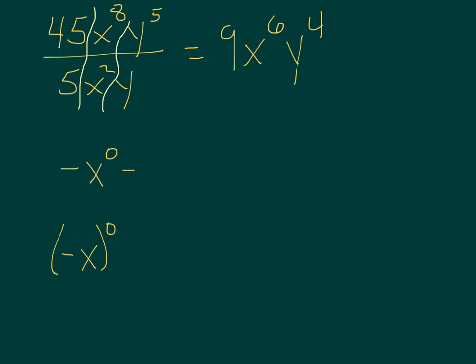The first one ends up being actually -1 because this negative sign is not part of the base. However, when we get down here, the negative sign is inside the parentheses. No parentheses here, but inside the parentheses here. So the whole thing becomes 1. So this is a very important concept. Parentheses make a big, big deal, so you really have to watch out for them.